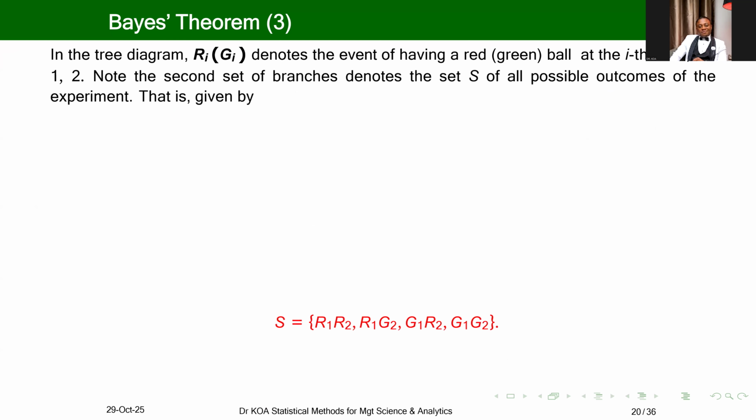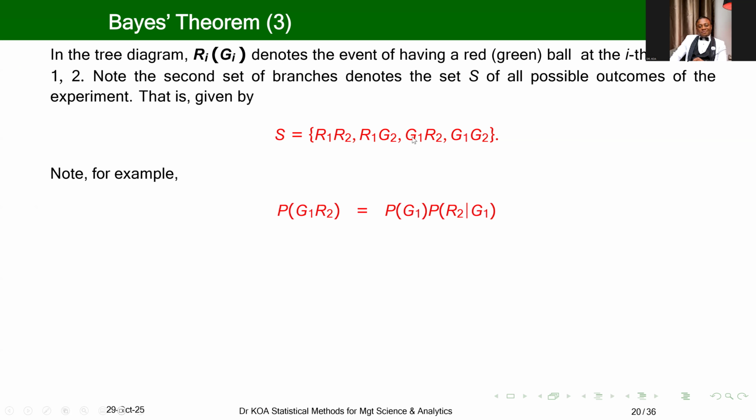For example, the last time we met last week, we were able to find each one of these probabilities in the sample space. We can calculate the G1 R2, for example, as being the probability of G1 multiplying the probability of R2 given G1. This is a conditional probability. You know that.